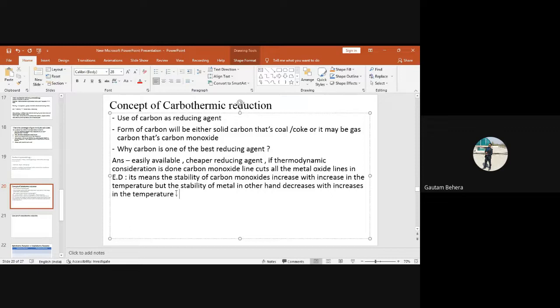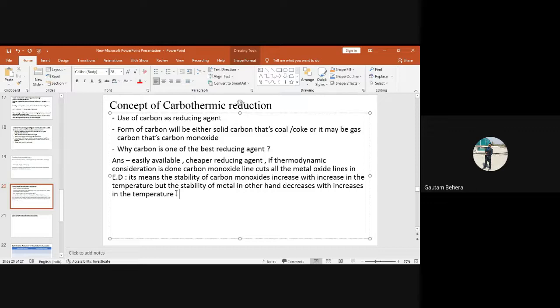So the question is, and we also know that carbon is a solid, but the moment it reacts with oxygen, it forms two volatile oxides. One is carbon dioxide, one is carbon monoxide. So you have to remember carbon monoxide is a reducing gas, but carbon dioxide is an oxidizing gas. So whenever in a reactor both gases are present, carbon dioxide and carbon monoxide, then we always need to find out the ratio, carbon monoxide divided by carbon dioxide.